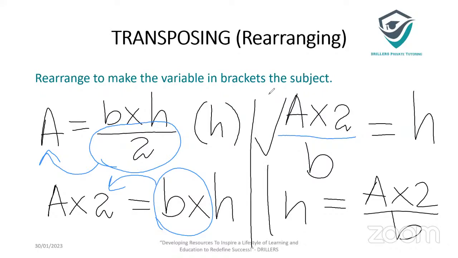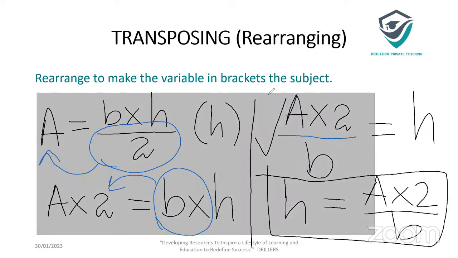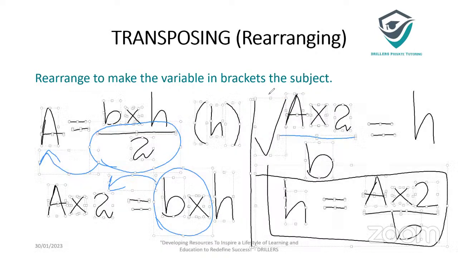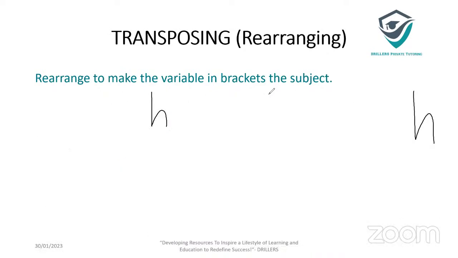But we naturally like to write our subject on the left-hand side. But if we stop at that second to last point, it will still be correct. So let's look at another example.